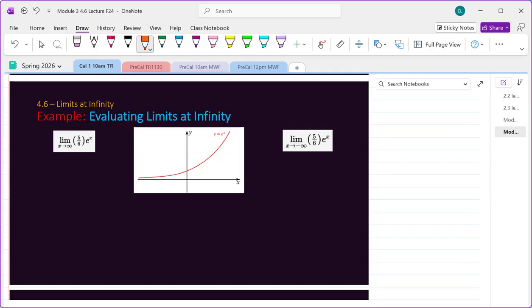Here we're looking at constant numbers raised to an infinity, so our knowledge of the exponential graphs is going to come into play.